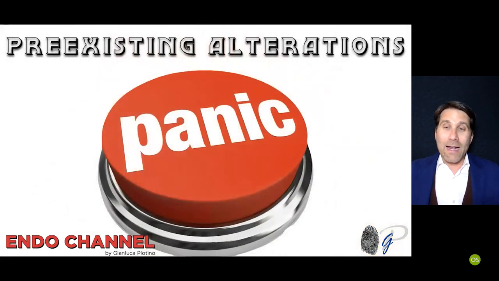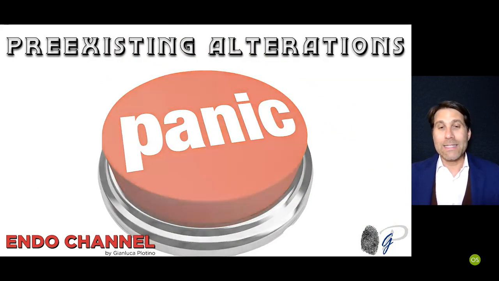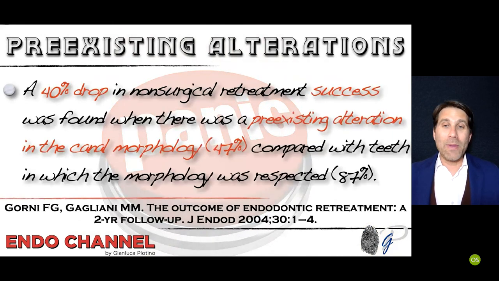Always when we have an alteration of the endodontic anatomy, we have a panic situation, because we know from the existing literature that when we have a pre-existing alteration of the canal morphology, of the endodontic morphology, when we start to perform a retreatment, we may have a very high drop in success rate.